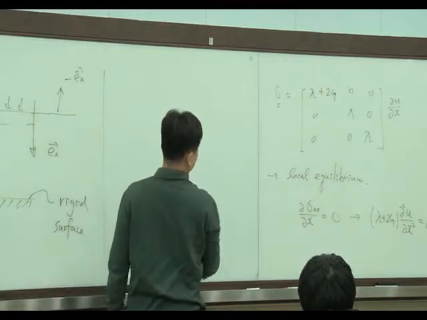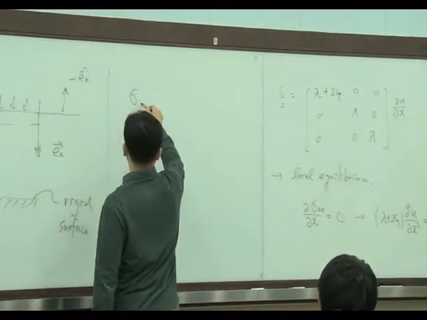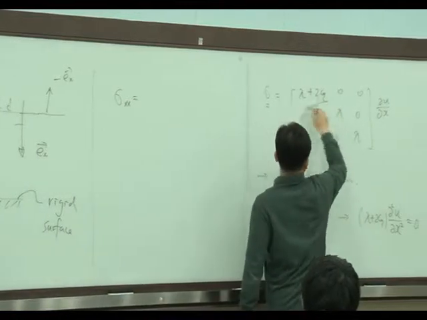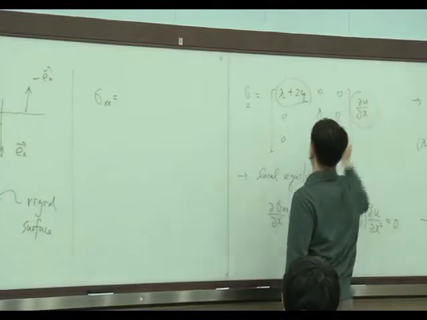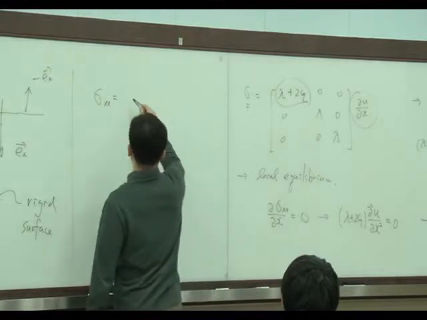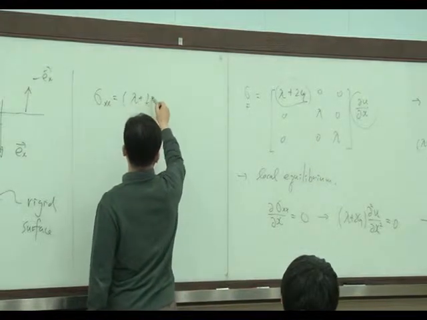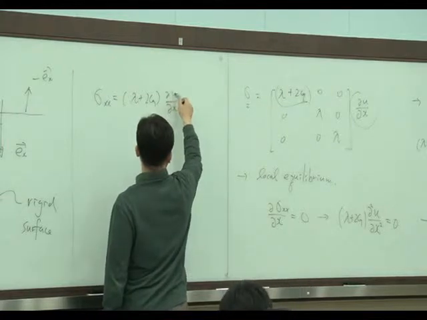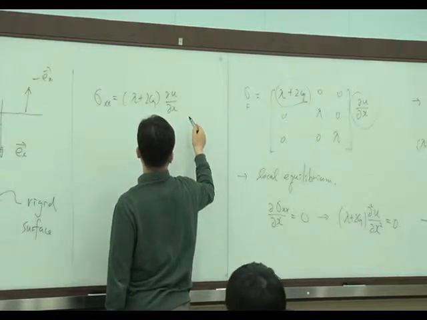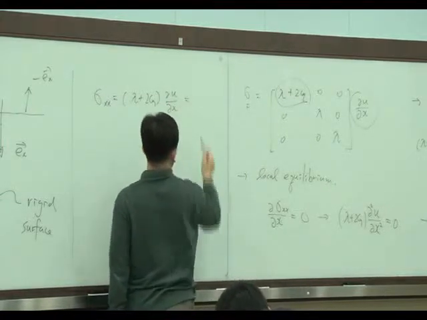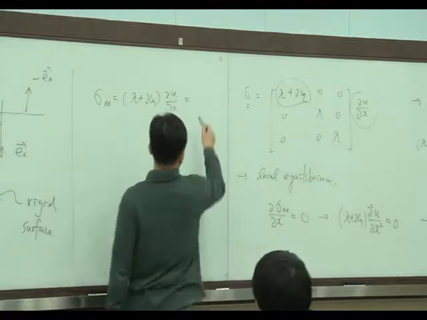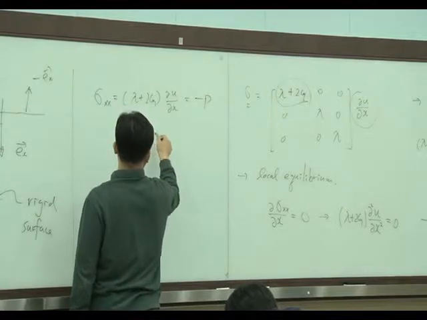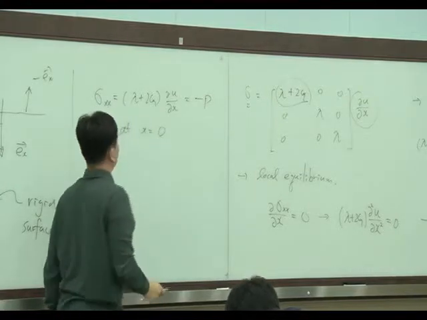So stress XX equals, from this equation, (lambda plus 2G) partial u partial x, equal to minus P at x equals 0.